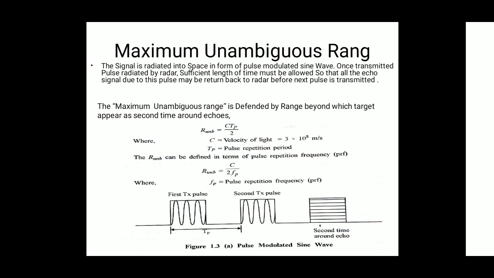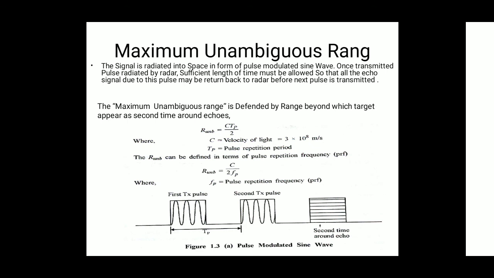Consider R equal to C Tp by 2. C is the velocity of light, R is the range, the unambiguous range. Tp, the pulse repetition period, can be defined in terms of the pulse repetition frequency.